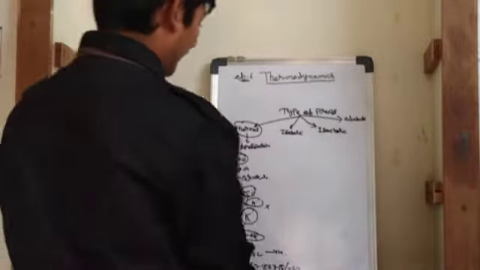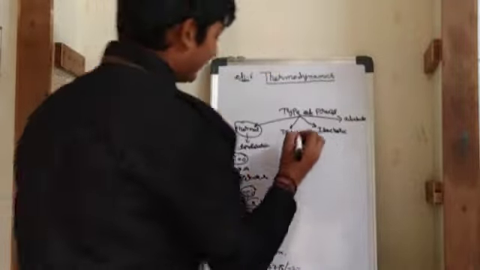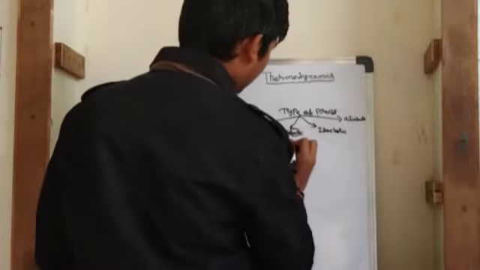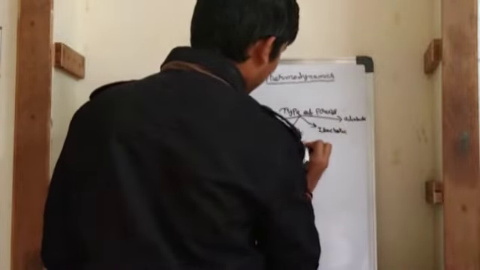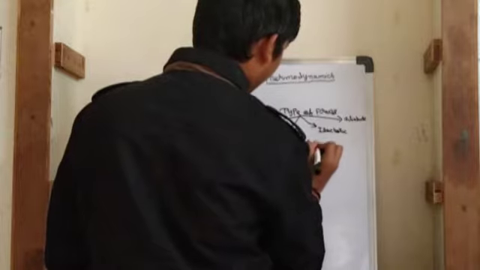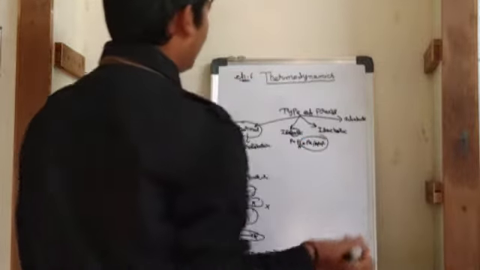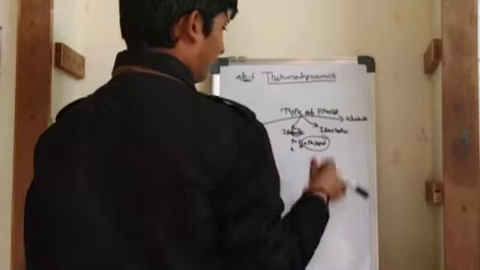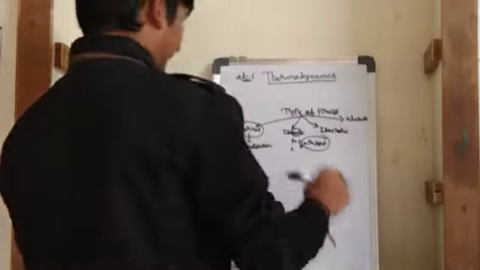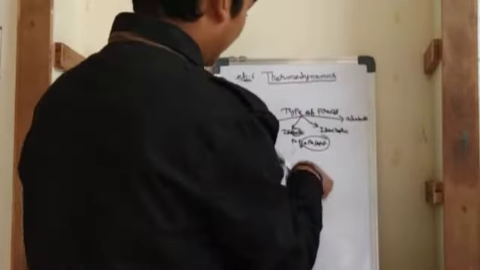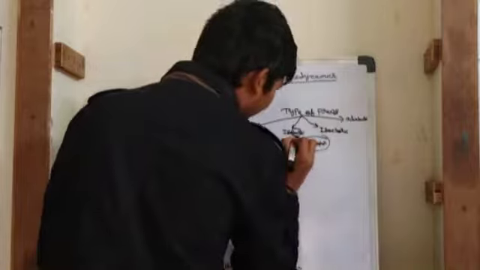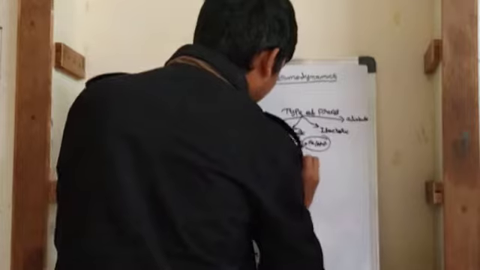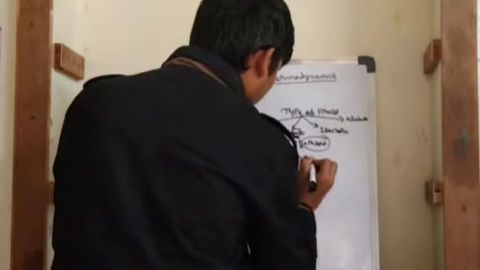So now let's go for isobaric. Remember the trick: here we can write bar. Everyone knows that pressure equals force by area, which is Pascal or Newton per meter square. I am telling about bar. We always write pressure in terms of bar, like 1 bar, 2 bar, 3 bar. Conversion I will teach later. So here the pressure would be constant.